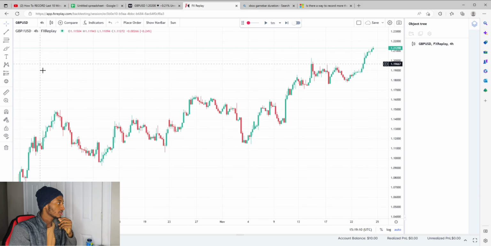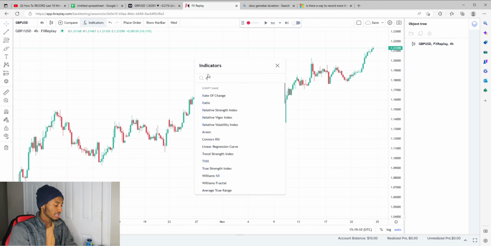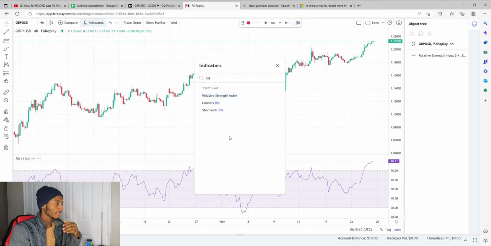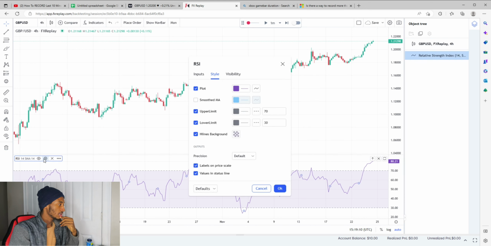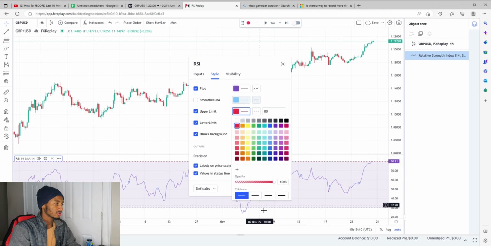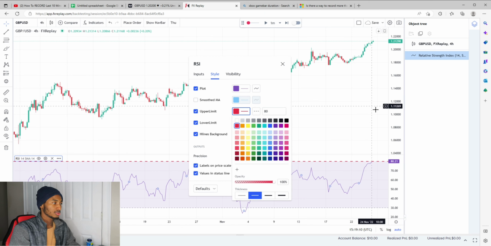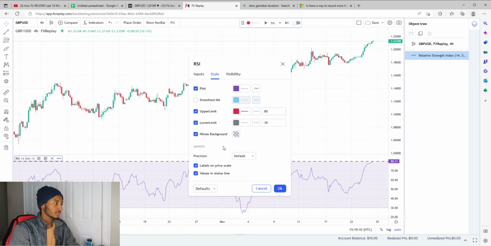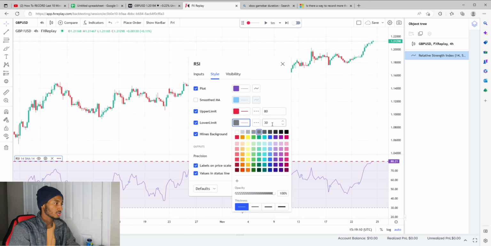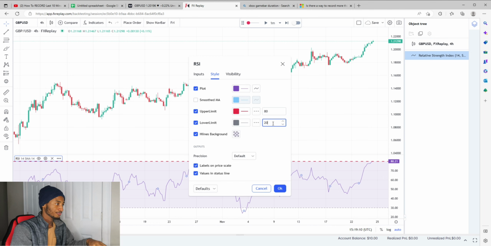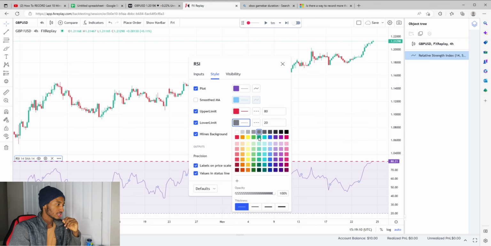So the first thing we're going to do is add the indicator, which is the RSI, right? And you go to your settings, put on 80, and I usually put this on red. And if you go to the lower, you put on 20, and I usually put this on green.